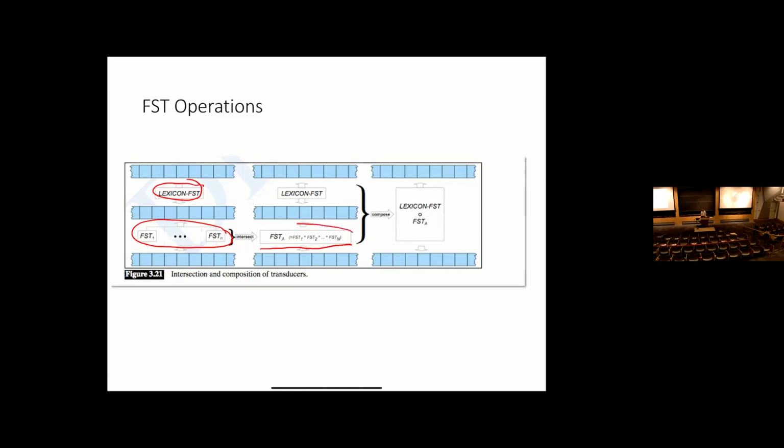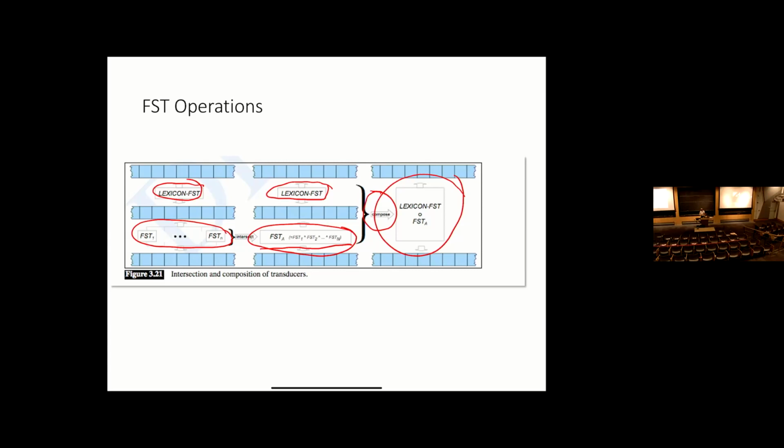So that's this here. Then we can take this allomorphic FST and our morphotactic FST, and we can compose them. And then we get one big FST that does all of this stuff.